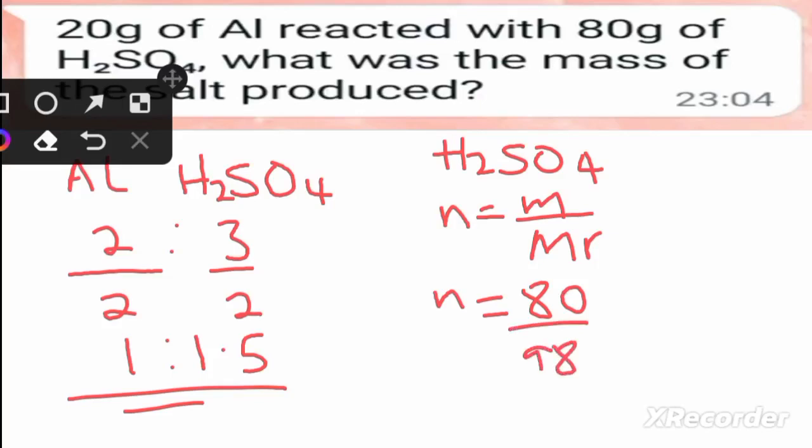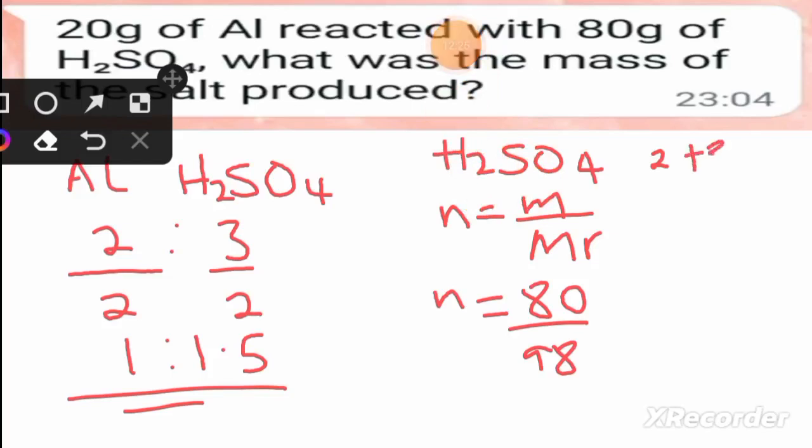98. Just in case you don't know where 98 is coming from, here we are having two atoms of hydrogen, and the atomic mass of hydrogen is 1. So 1 times 2 is equal to 2. Here we are having sulfur. The mass number for sulfur is 32.